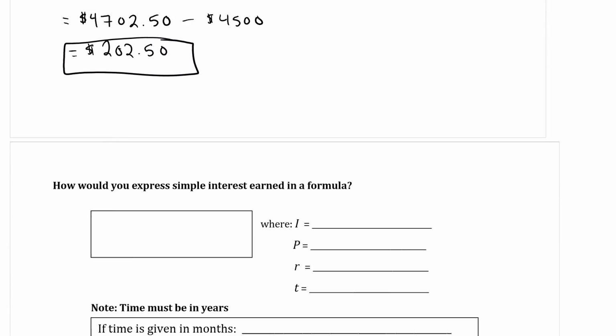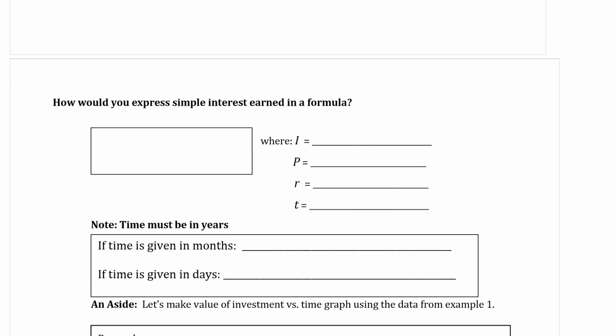So let's put what we have learned into a formula. Our formula for simple interest is: the interest accumulated equals the principal times the rate, the interest rate, times time.